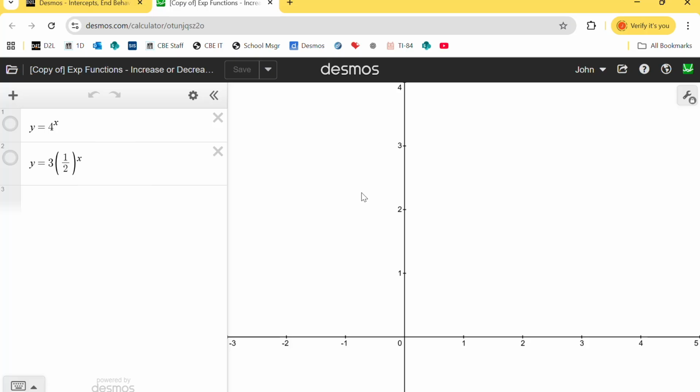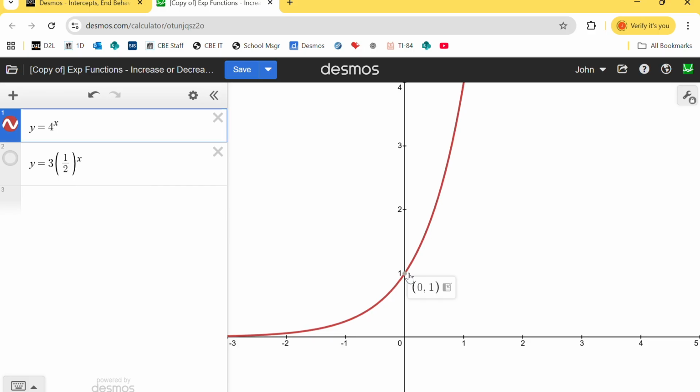Okay, welcome back. Now we are looking at interpreting exponential equations, looking at intercepts and behavior, domain, and range. So in our class example, we had y equals 4 to the x. Well, does it have x-intercepts? No, clearly not, right? Y-intercept, yes, it has a y-intercept right at 1.